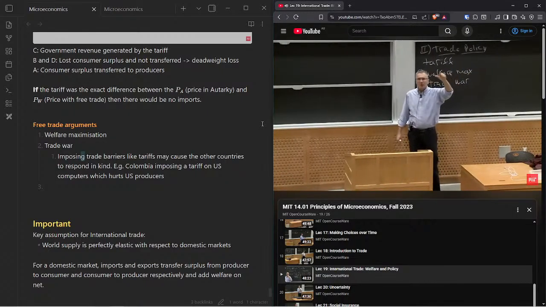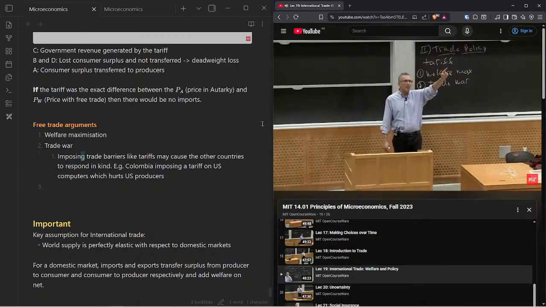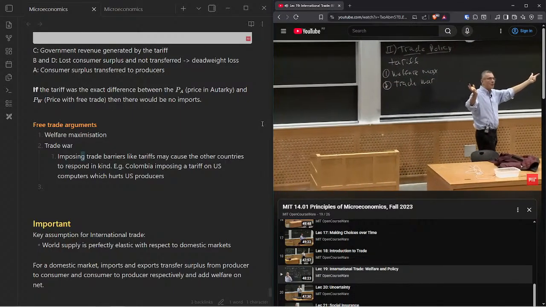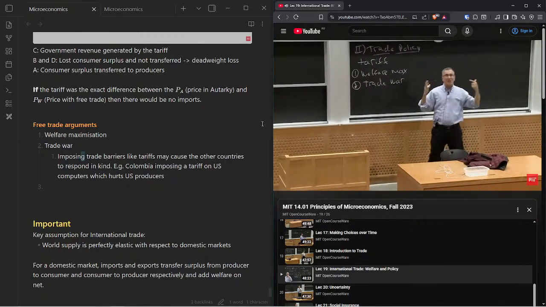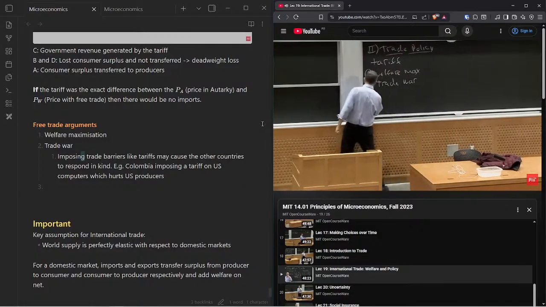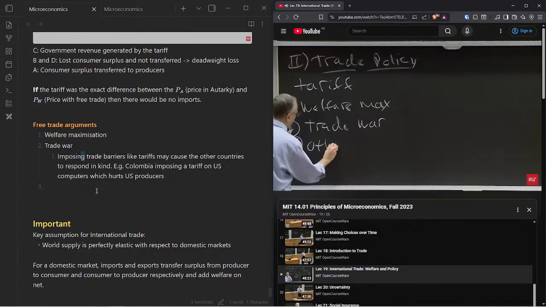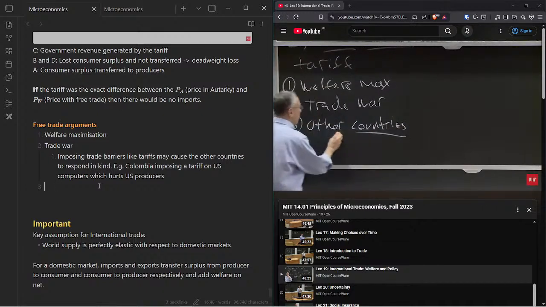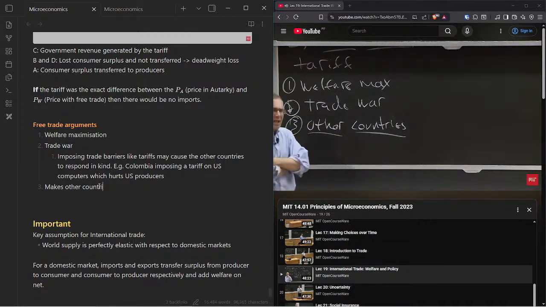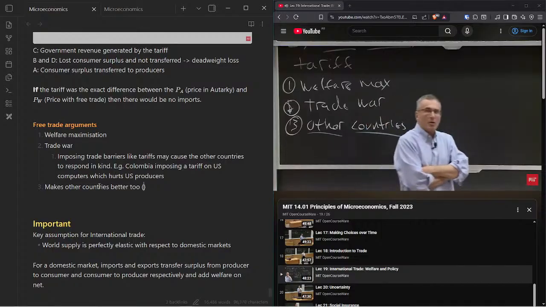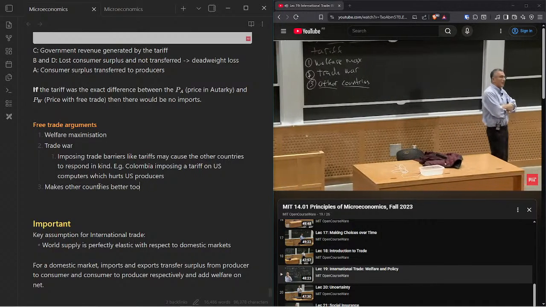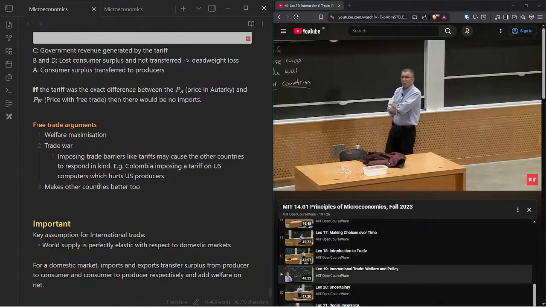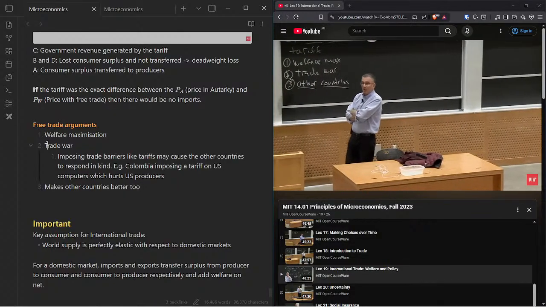Second, what have we forgotten in our typical American fashion? That there are other people out there in the world that matter too. Just as free trade makes us better off, it also makes other countries better off. You could redo this whole analysis from Colombia's perspective, you guys have plenty of free time, do it for fun sometime, and show how opening up trade to the U.S. made Colombia better off.